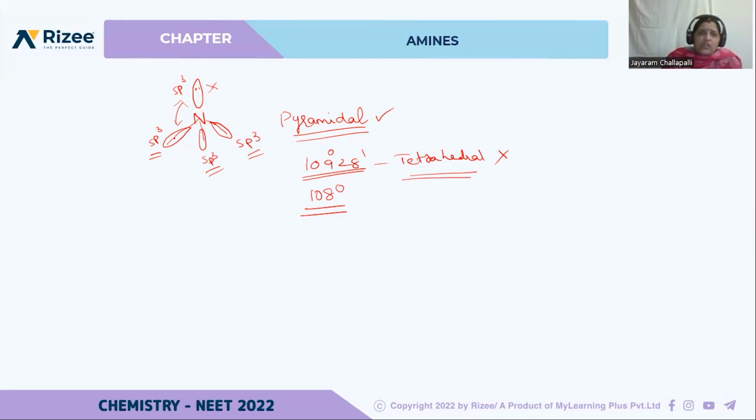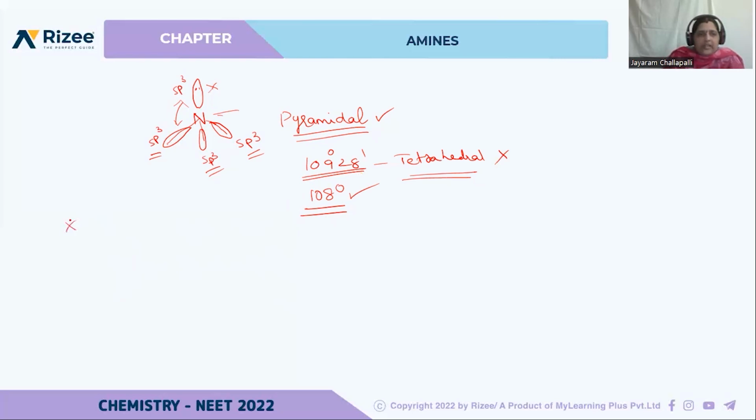So the three sp3 orbitals of nitrogen form bonds with other species. That is why the structure looks pyramidal. Instead of 109 degrees 28 minutes, it's going to form a 108 degree angle. Bond angle is 108 degrees.